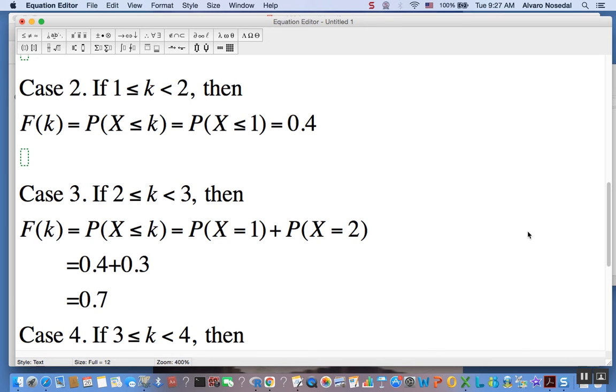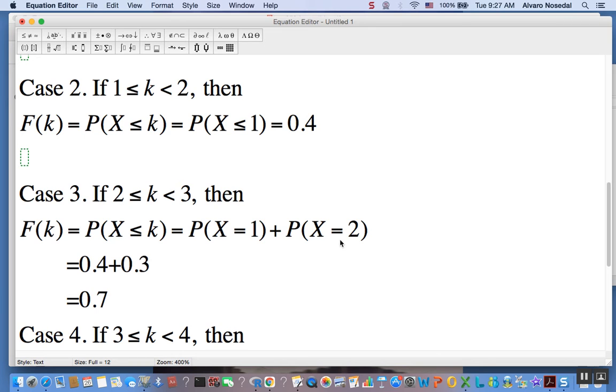So that's why this new function, this capital F function, is called the cumulative distribution function, right? Because it's doing the sum up to that point.